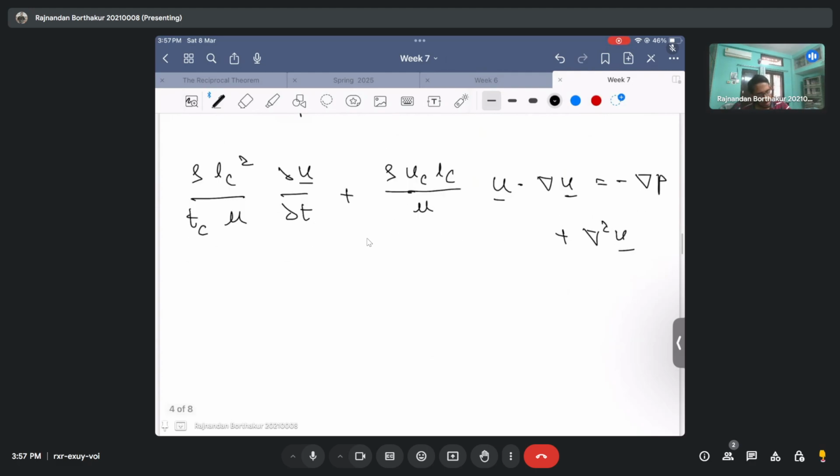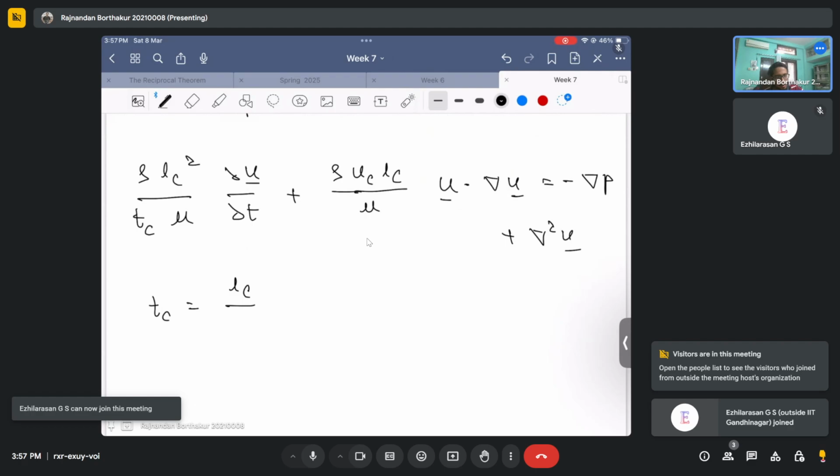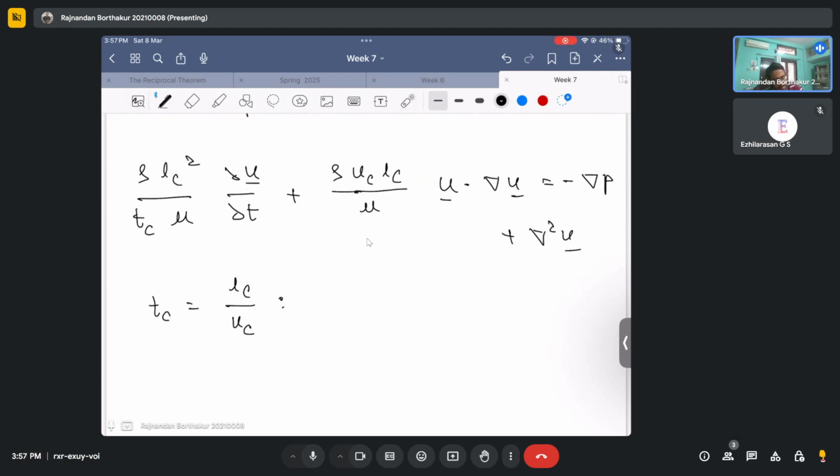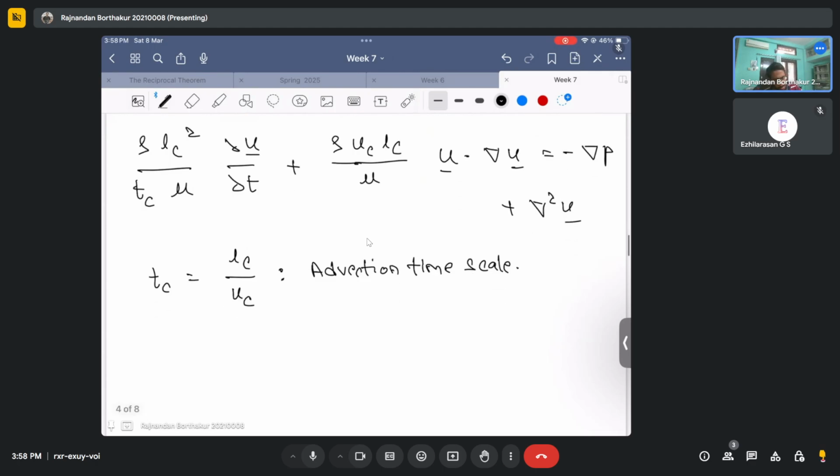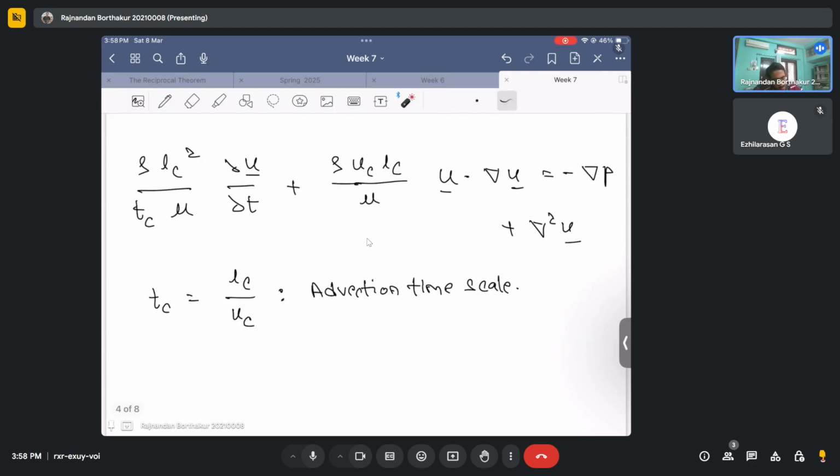Now what I will do is I will choose TC, which is my time scale, as my advection time scale, which is LC by UC. I'll just substitute this TC here.